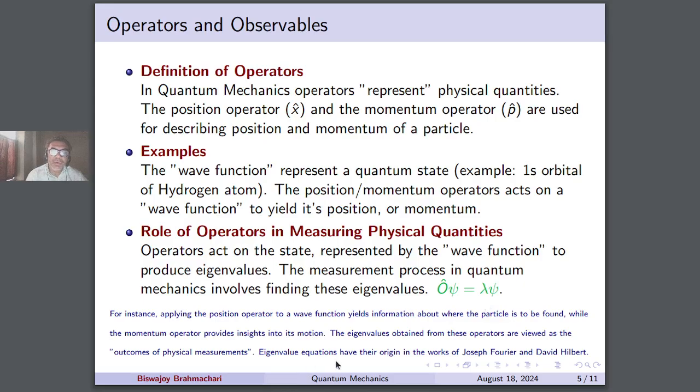And these eigenvalue equations have their origin in the works of Joseph Fourier and David Hilbert. Fourier and Hilbert studied eigenvalue equations. Fourier studied them in the form of heat conduction, and David Hilbert studied eigenvalue equations in the context of pure mathematics.